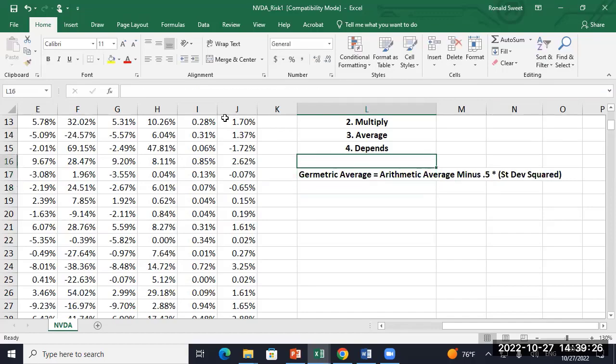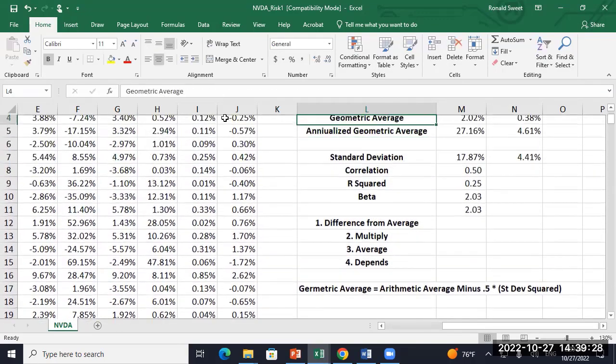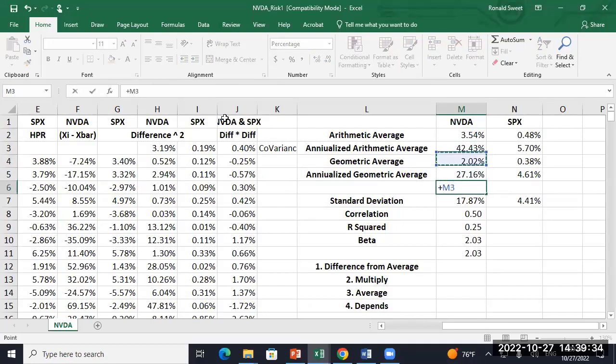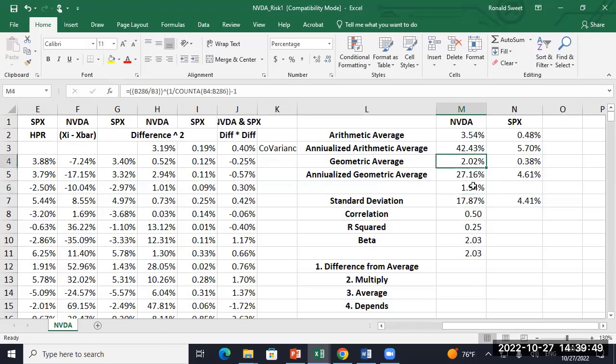Let's see if that works with NVIDIA. The arithmetic was 354, the geometric was that, so we'll take arithmetic minus 0.5 times the standard deviation squared. So how close did it get? 194 versus 202. It's pretty close.